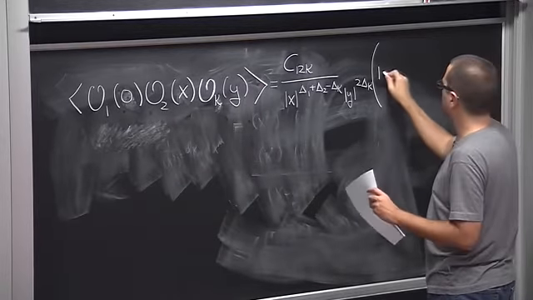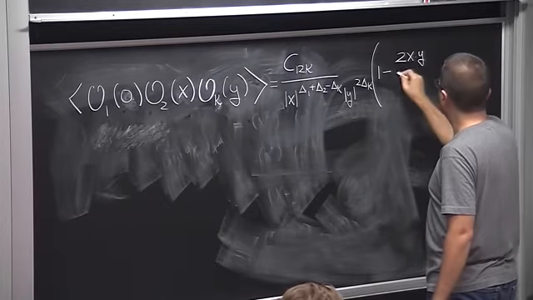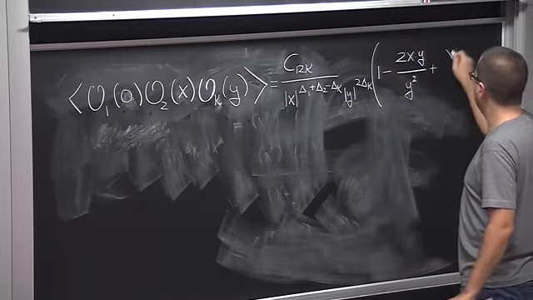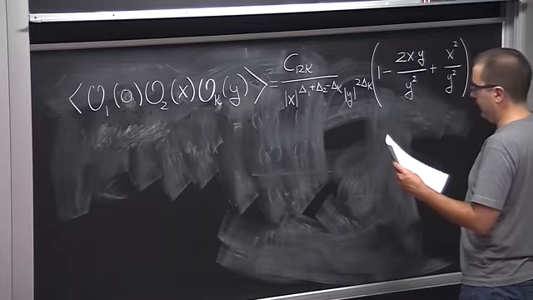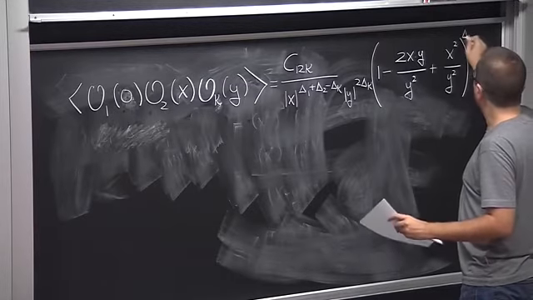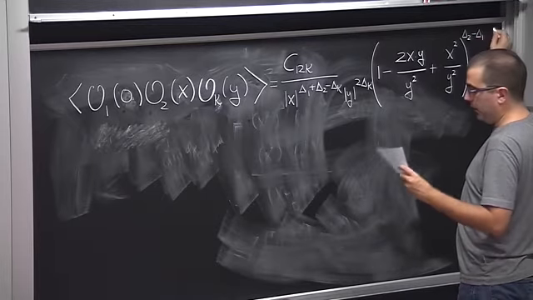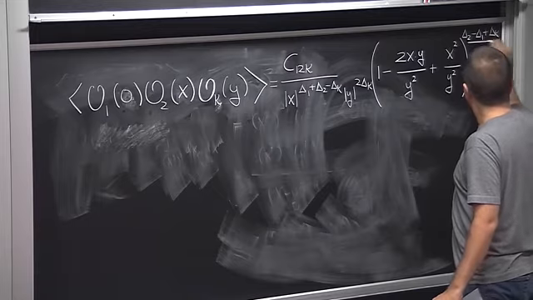And this extra term is 1 minus 2x dot y over y squared plus x squared over y squared, everything to the power (Delta_2 minus Delta_1 plus Delta_k) over 2.